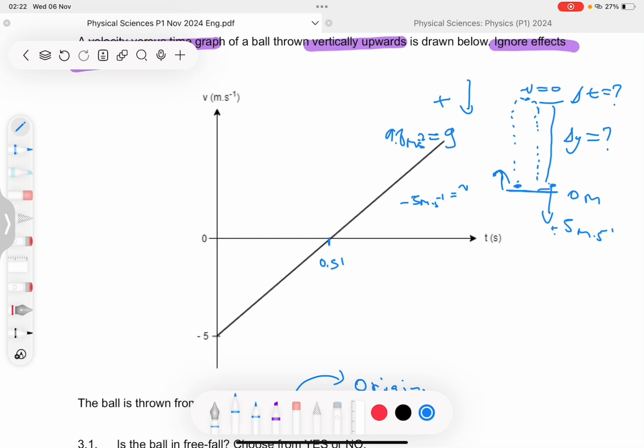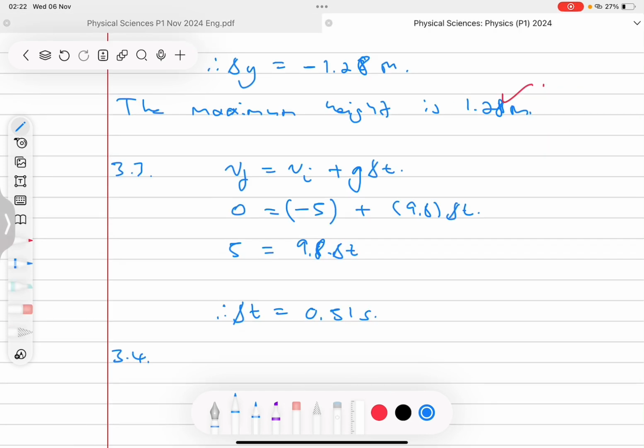But it's going to be a positive one because remember it's going down now, right? So I will say my velocity would be 5 meters per second downwards.